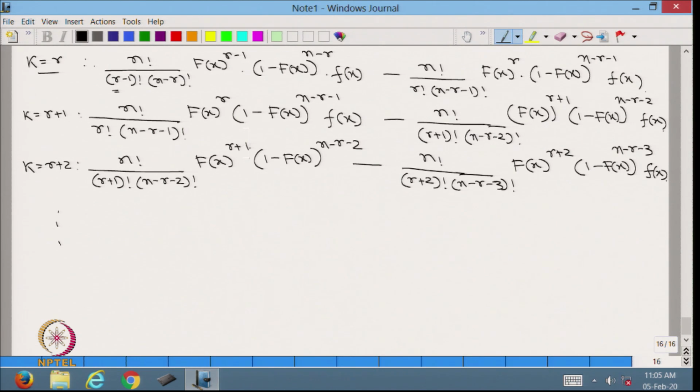We will go like that, but in the meantime we notice that this term is the same as this term. So, they will cancel each other.